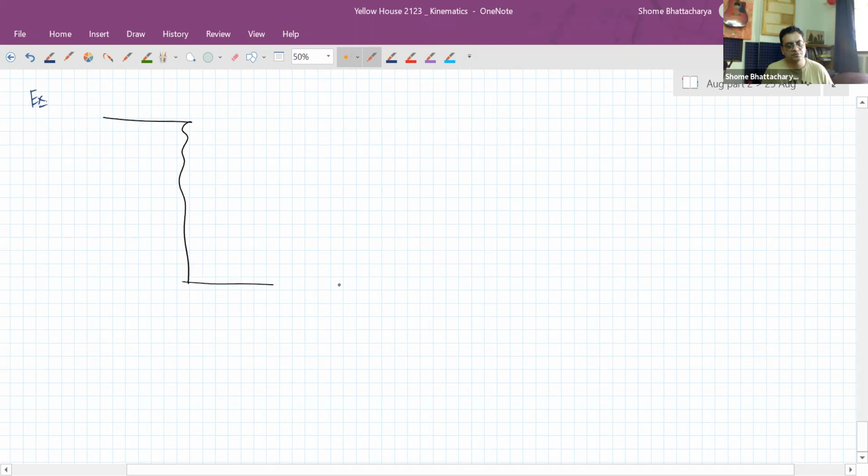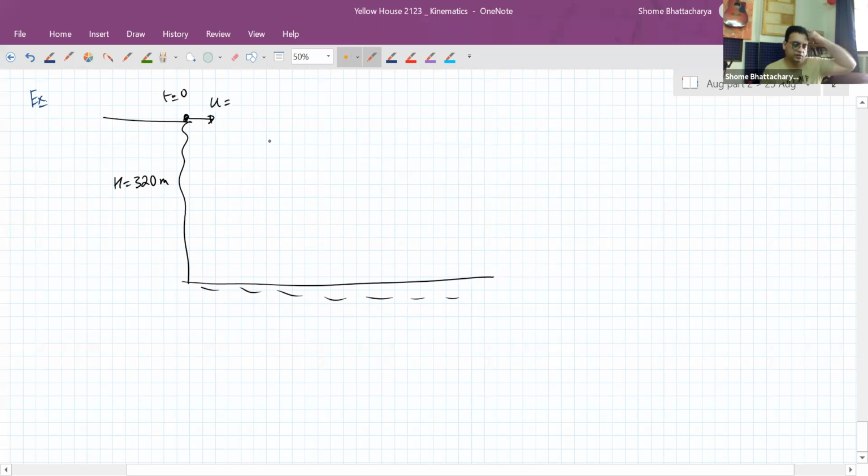So suppose this is what is happening from a certain height. Now let's take this height to be 320 meters. So at t equal to 0, we are horizontally kicking off an object at a speed of 60 meters per second.